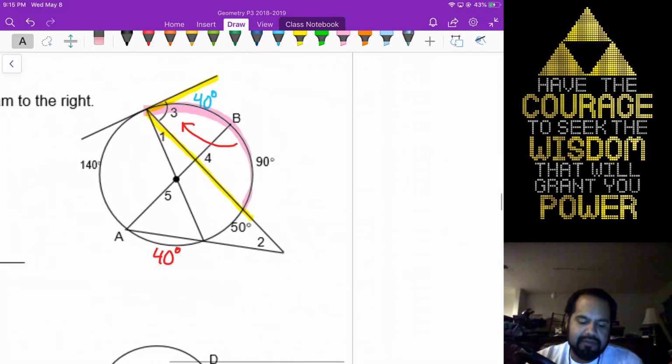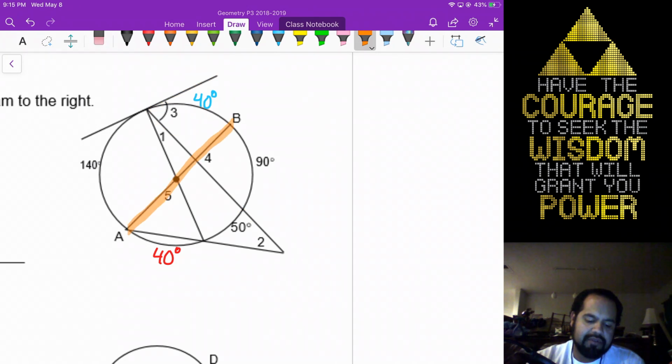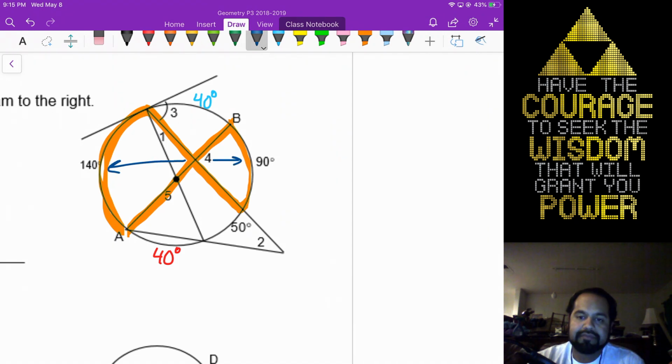All right, angle 4, let's take a look here. Angle 4 is formed by these two chords intersecting. It's not in the center, so this means our bow tie. So that means we're going to look outward away from 4 in both directions.